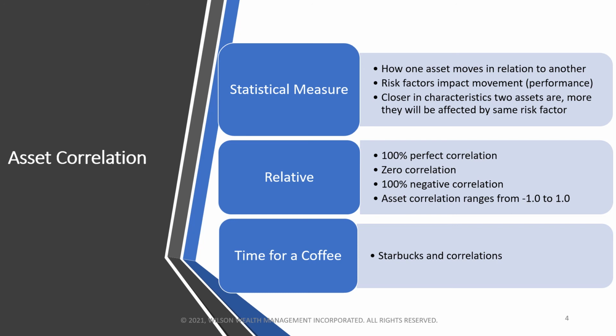And that's how you create diversification: you're looking for assets with different impacts from risk factors. And by building a portfolio up, you can reduce the overall risk. So that's sort of a Starbucks analogy.